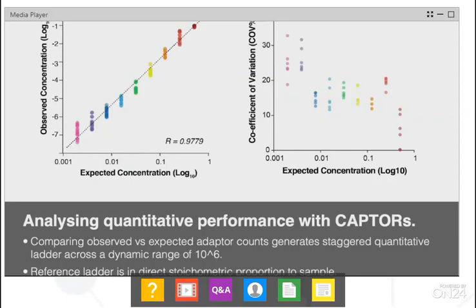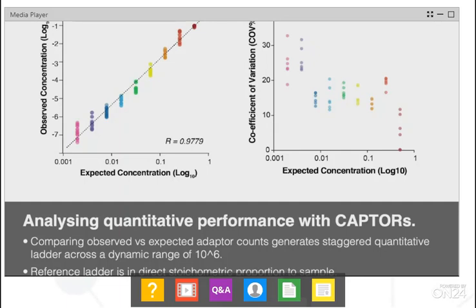On the left-hand side, you can see the plot. When you compare the observed count of the CAPTORs as they come through versus their expected concentration in the master mix, it forms this nice staggered quantitative reference ladder that indicates the quantitative performance of the library.